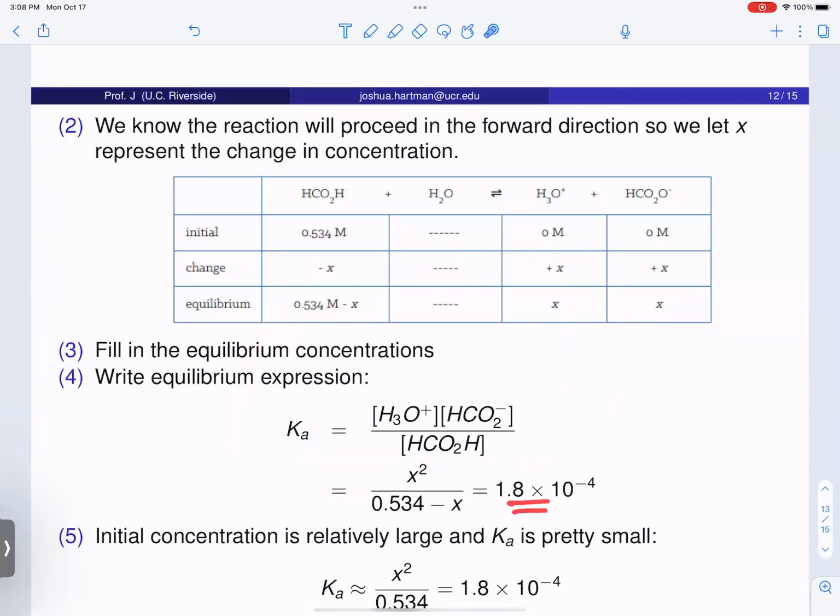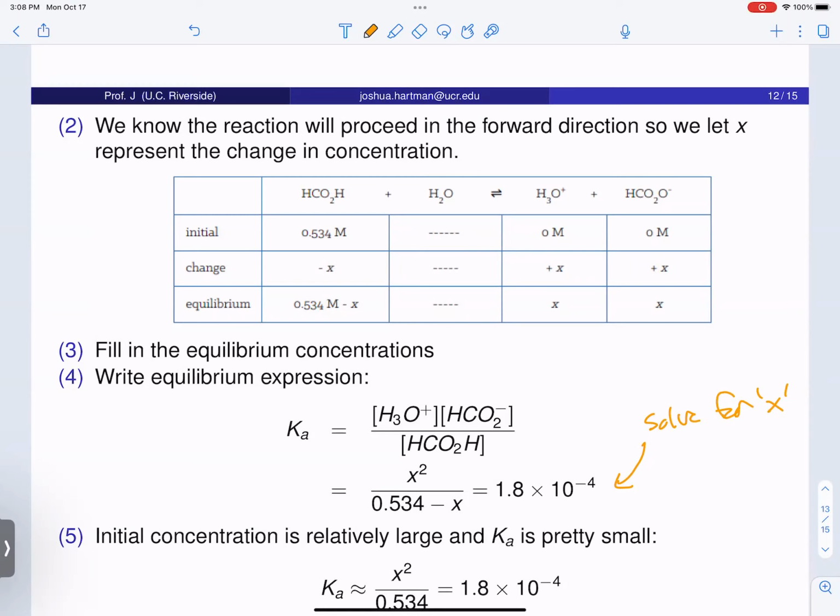And then remember, in this problem, we were given the Ka. So now our goal here is to solve for X. Okay, we want to be able to solve for X. So just as always, we look for the possibility of perhaps assuming that our change in concentration, our X value, is relatively small compared to the initial concentration.